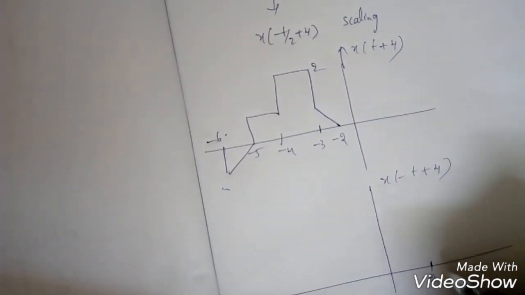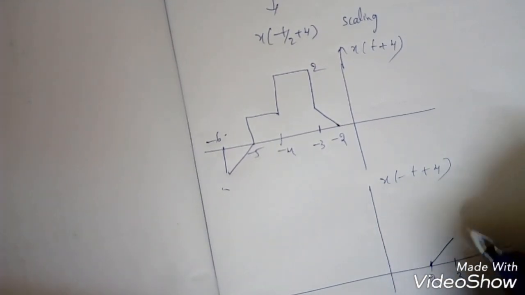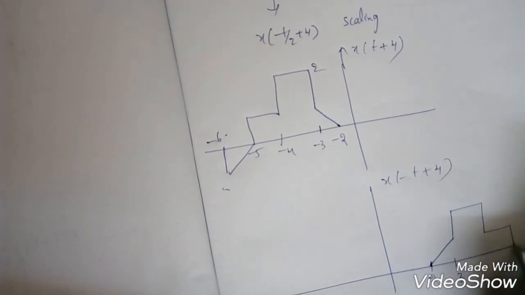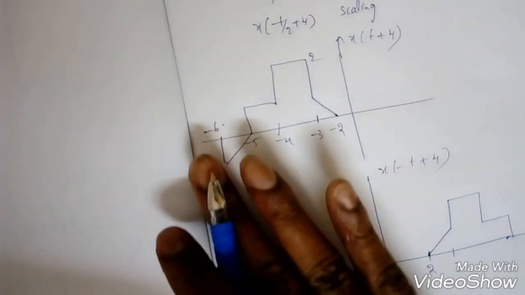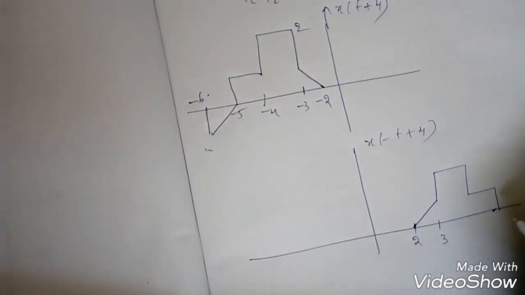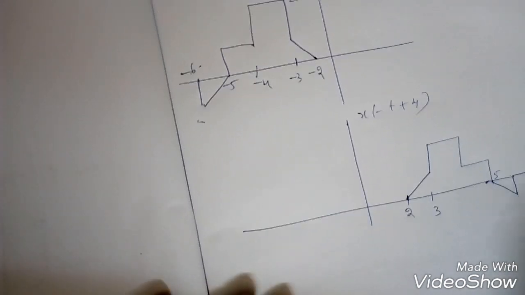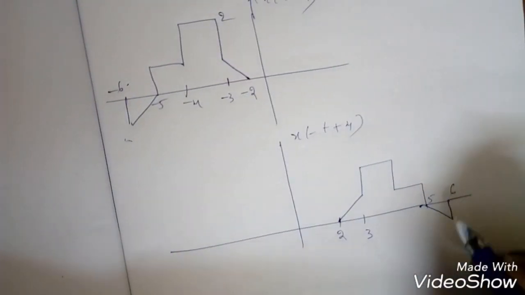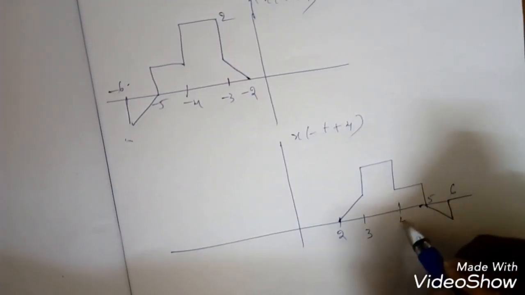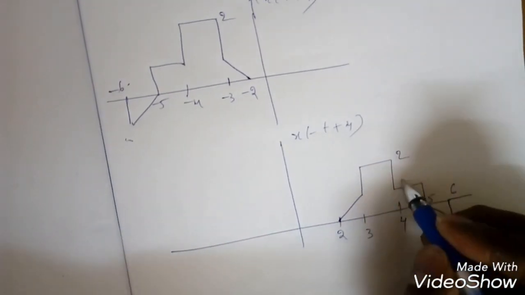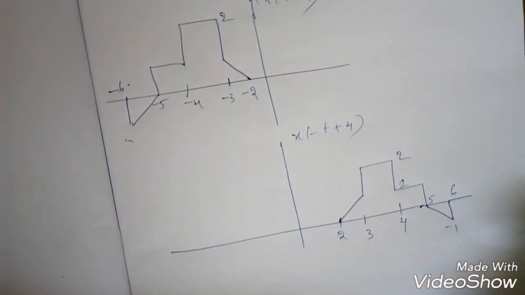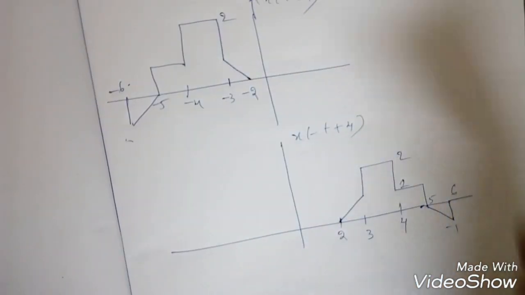So from 2 to 3 it will become like this, and so on, right? Now the moment it is flipped like this, from 5 to 6 it will be moved like this. This is 5, 6, this is 4, the amplitude is 2, here is 1, here is -1. It is just flipped like this.